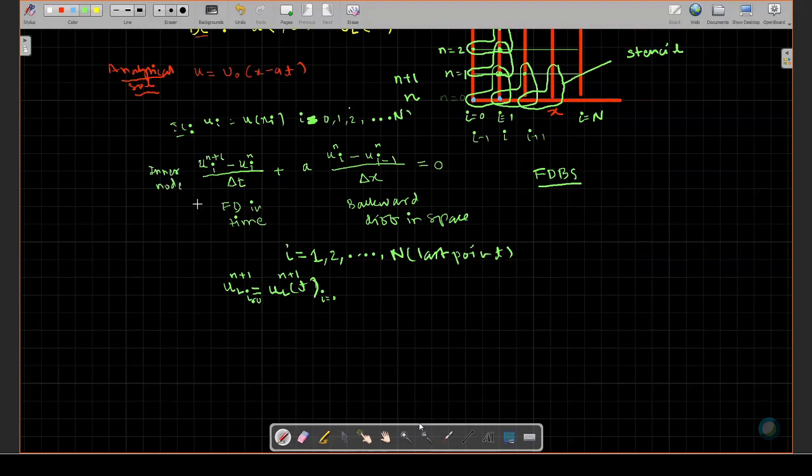This is the expression for inner nodes, and this is the expression for the boundary condition. So these expressions can give you the final value.